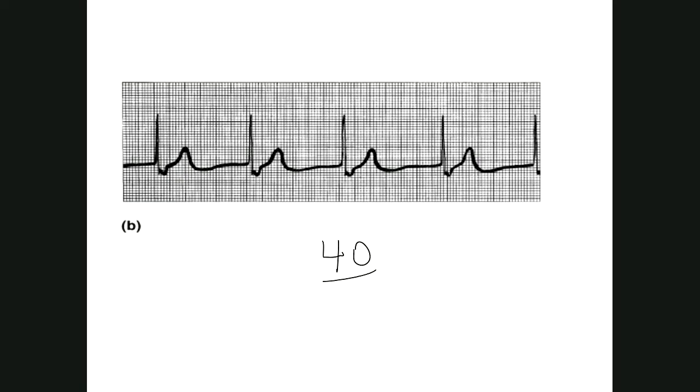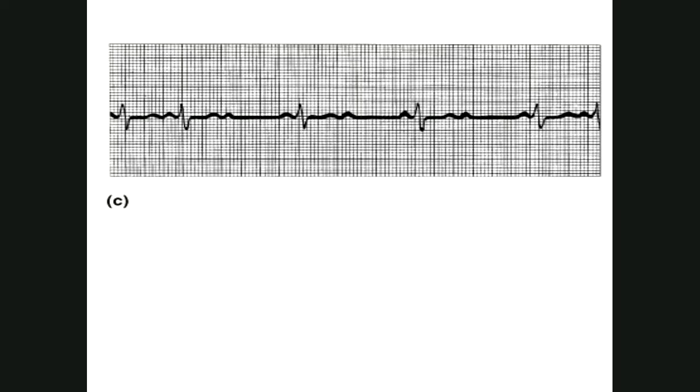So this person would be a good candidate for an artificial pacemaker. An artificial pacemaker is going to take over the job of the SA node, the natural pacemaker. Look at this one and see if you can figure out what's wrong with it.